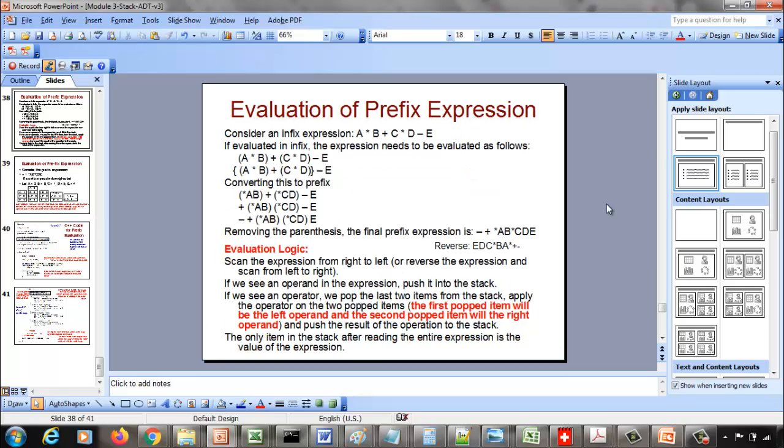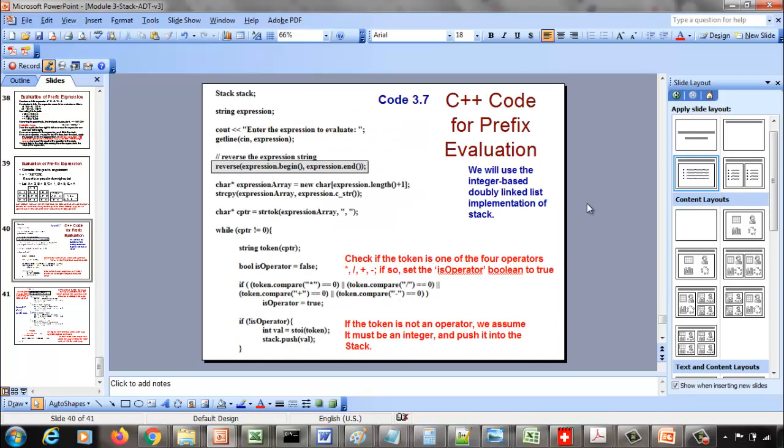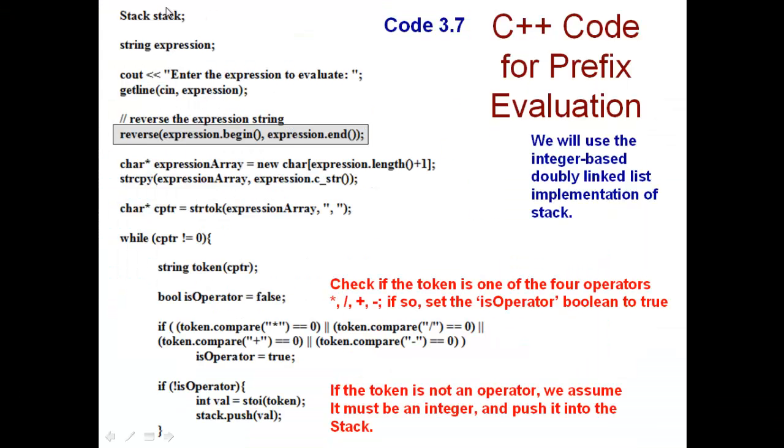You can either evaluate it from right to left or reverse the prefix expression and evaluate from left to right. Okay. So let us look at the code for this. Given input, initialize a stack, it's empty currently, and input the expression as a string.